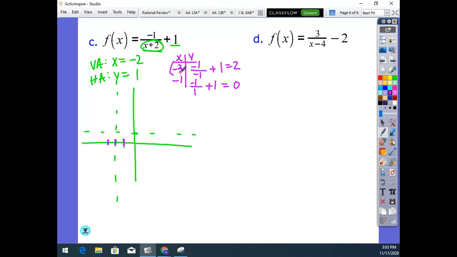All right, so let's graph our points. -3, 2. Now it's up in this quadrant. See how it's up in the top corner this time? And I graph my other point, -1, 0. See how this is forcing my shape down in the bottom quadrant.